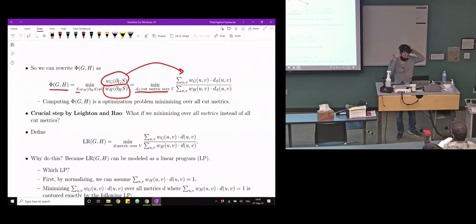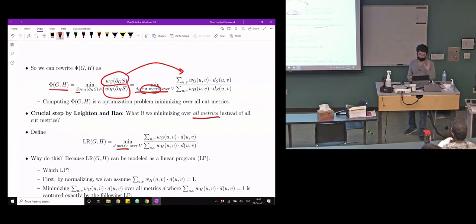And now comes a crucial step by Leighton-Rao. You have a problem which is NP hard, and it's a problem about minimizing over all cut metrics. The big idea is, what if you try to minimize over all metrics, arbitrary metrics? Change this thing to any metric.